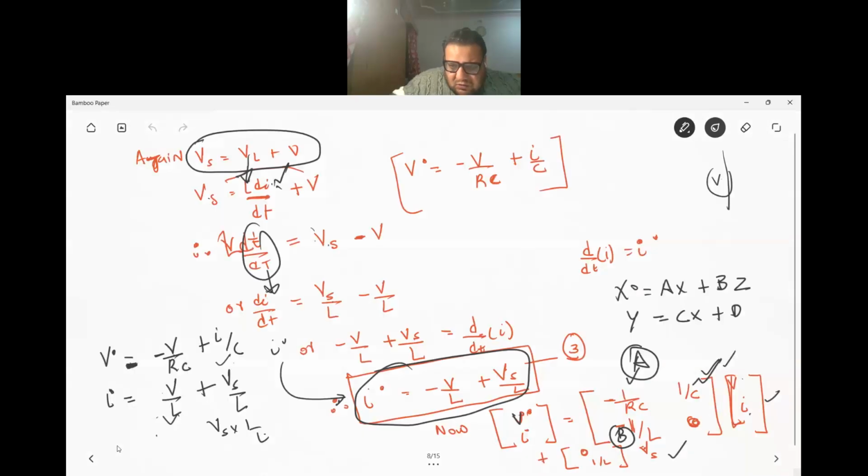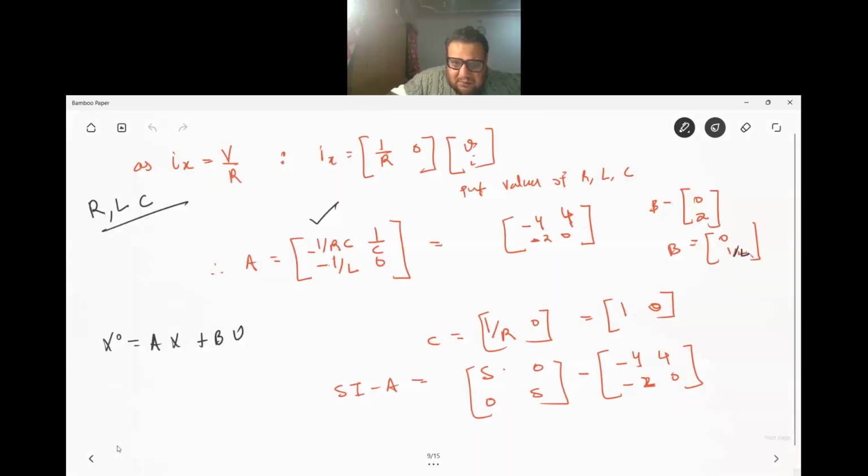So 1 by RC, minus 1 by RC, this is your A value. So you will get minus 1 by 1 by 4. This C is 1 by 4 now, so it will become minus 4. C is again 1 by 4, 1 divided by 1 by 4 becomes 4. And L was half, so it becomes minus 2 and 0. So this is your A value.